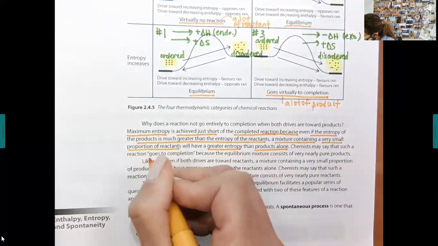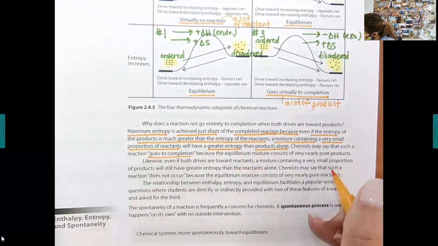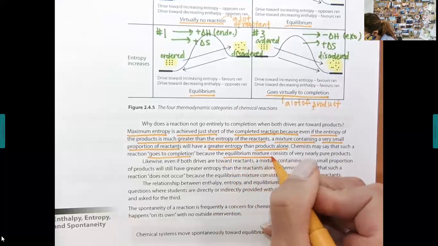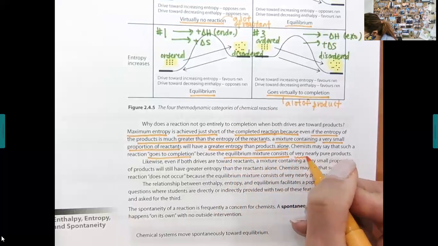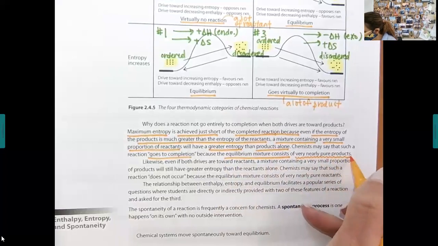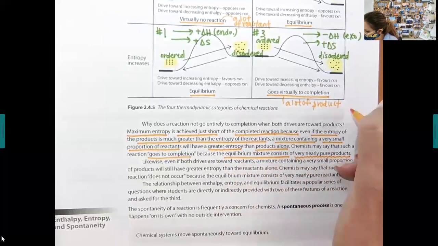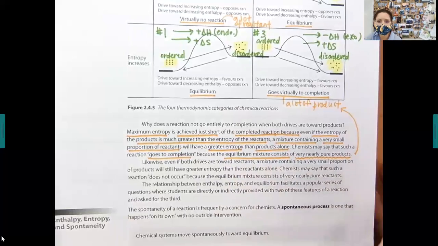So when we say that something goes to completion, that means the equilibrium mixture consists of very nearly pure products. Okay, so that's what this is referencing up here.